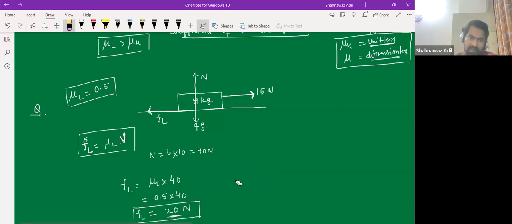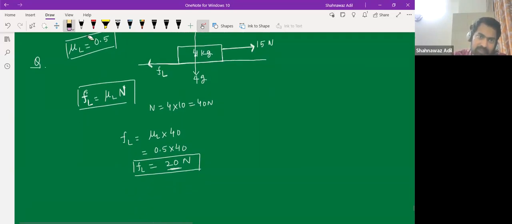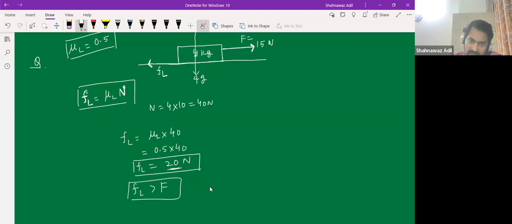But you guys first note down this problem. So the FL is greater than F, which is 15 Newton. So the object will not move. So this limiting friction decides whether the object will move or not.